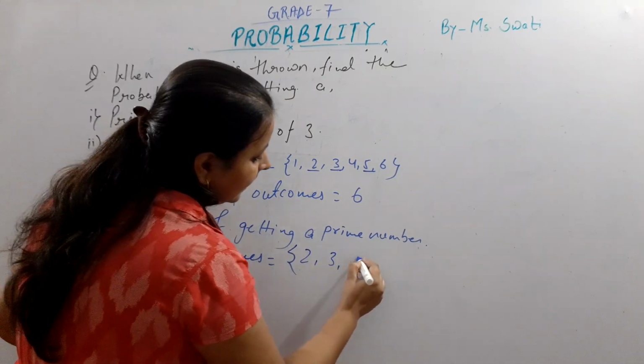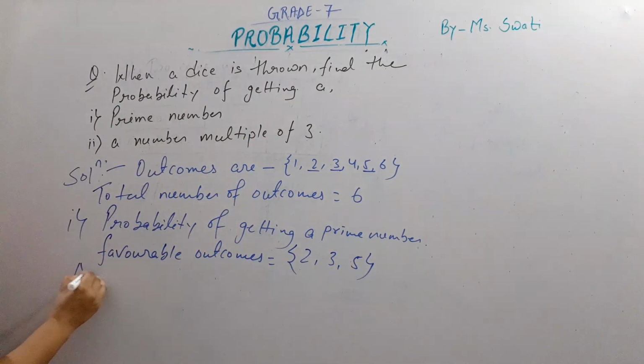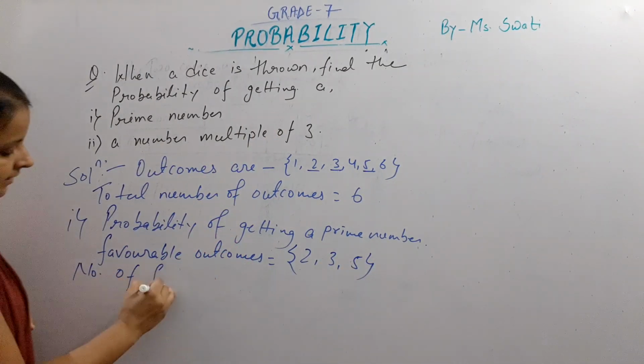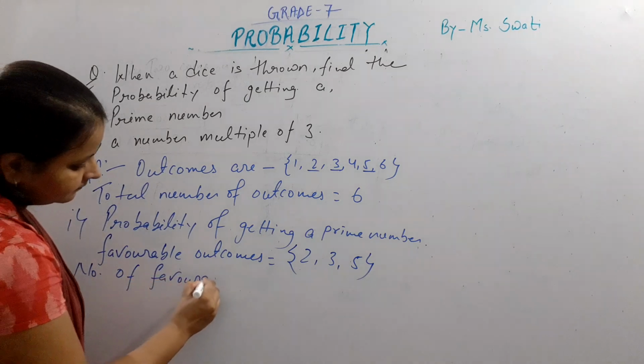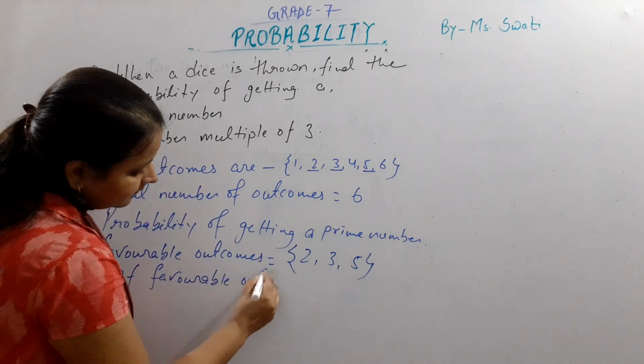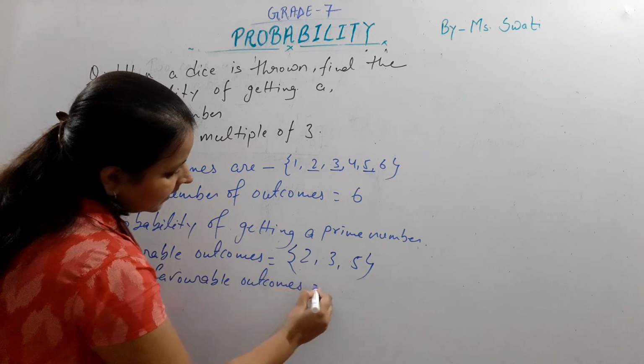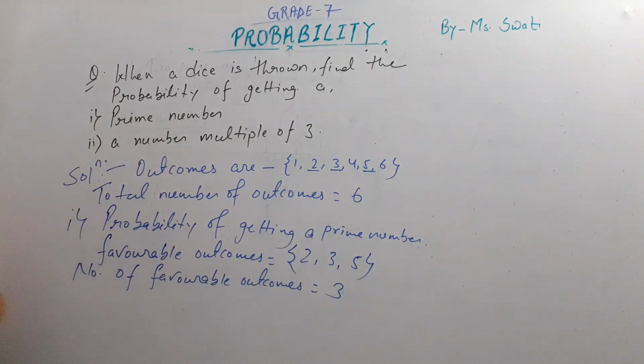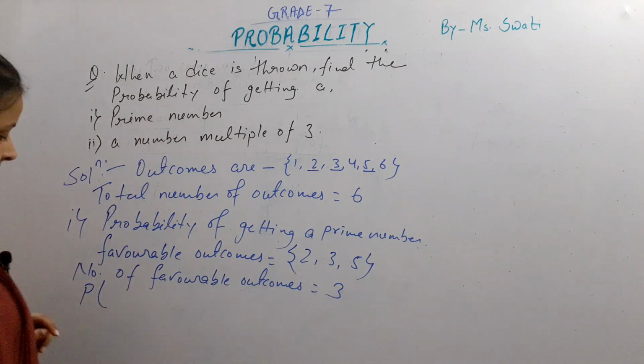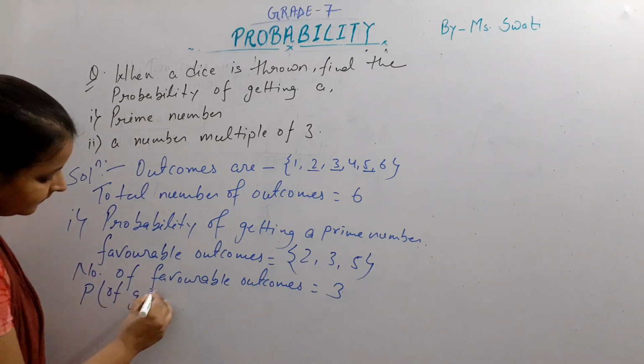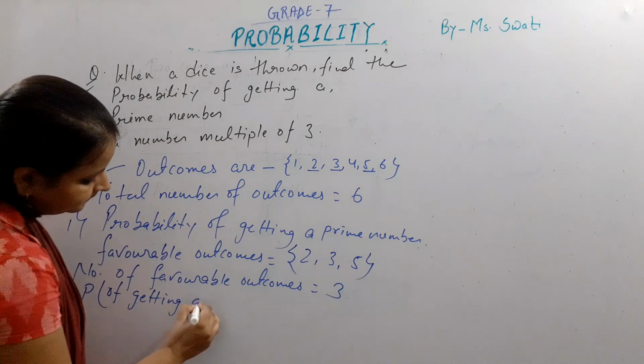So number of favorable outcomes is equal to 3.